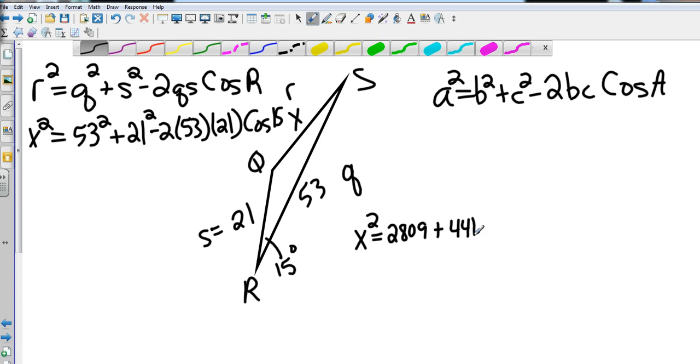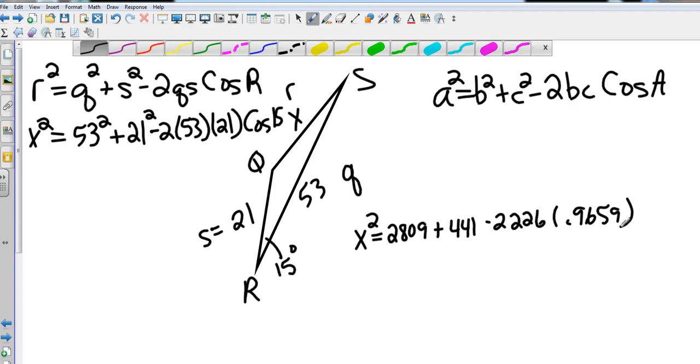I'm going to do the -2 times 53 times 21. That gives me -2,226. And now I'm going to multiply that times the cosine of 15. And that's 0.9659.